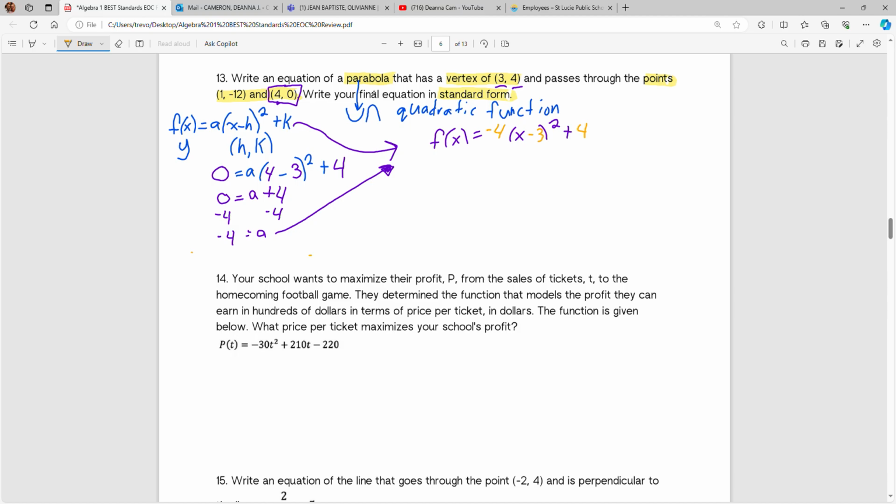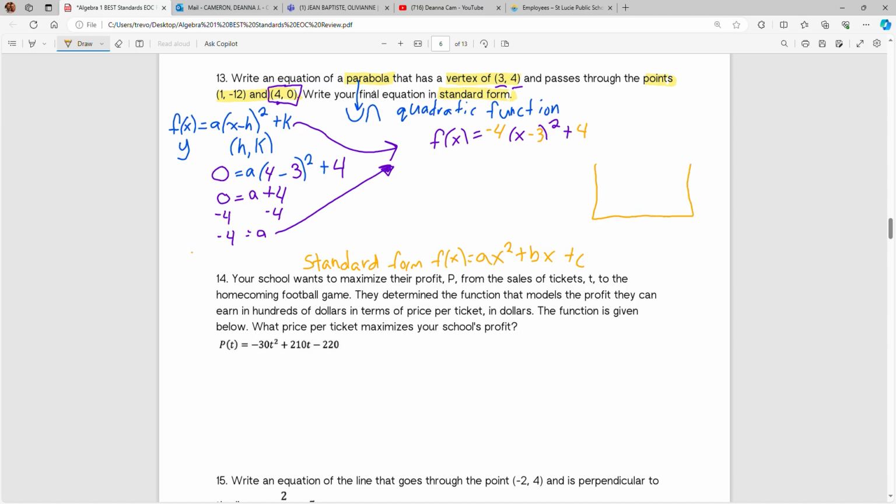Standard form is f of x equals ax squared plus bx plus c. So I got to make this look like this. In order to do that, the first thing I need to do is multiply my (x minus 3) squared. So I'm going to use the area model to multiply that.